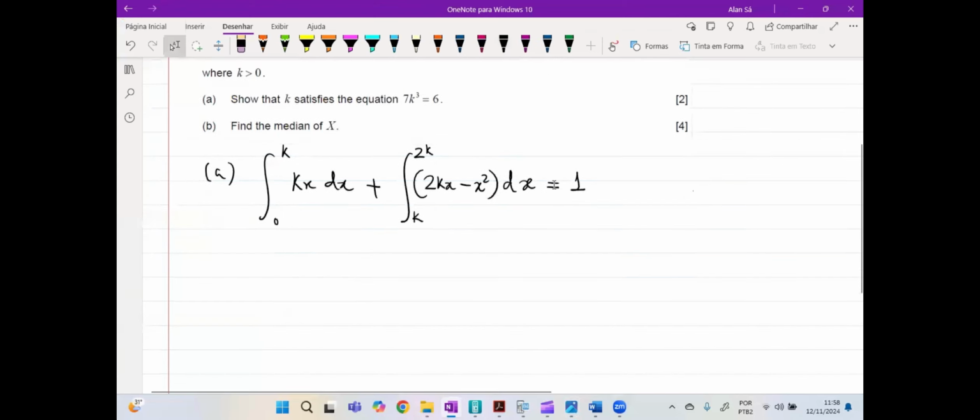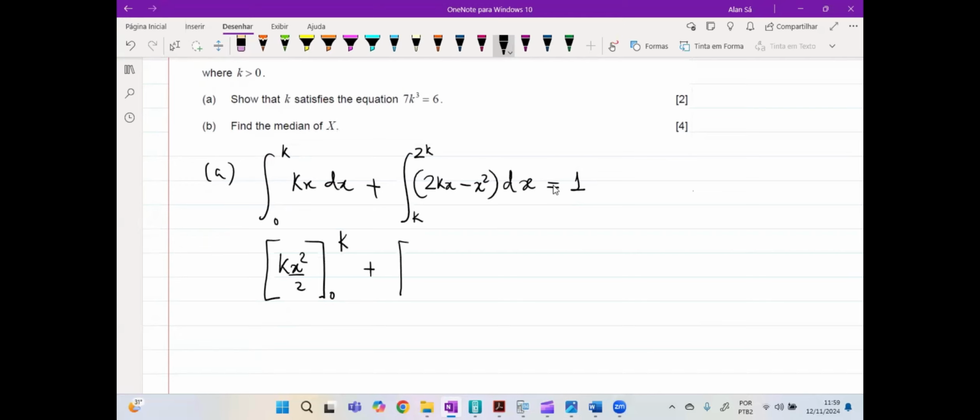Then we have to evaluate both integrals. The integral of kx is kx squared over 2 from 0 to k, plus the integral of 2kx, which is 2kx squared over 2 minus x cubed over 3, from k to 2k. This sum must be equal to 1.